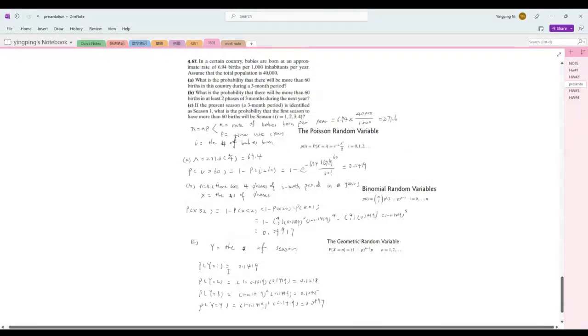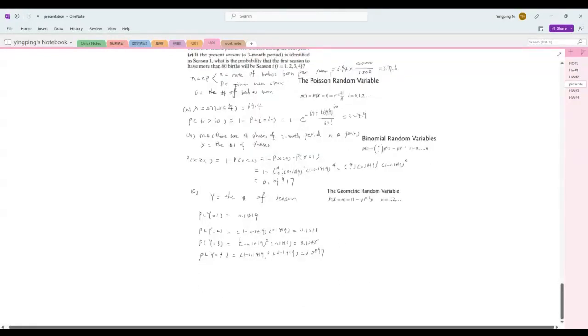When y equals 1, the probability is 0.1419. When y equals 2, the probability is 0.1218. When y equals 3, the probability is 0.1045. When y equals 4, the probability is 0.0897.